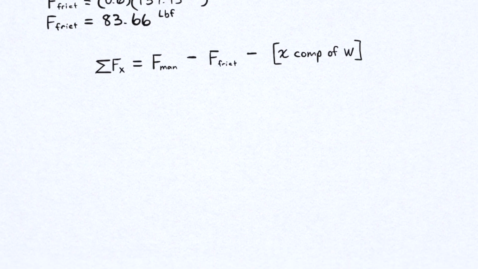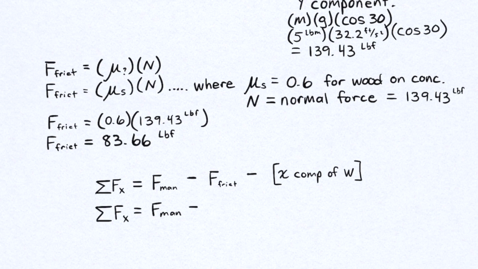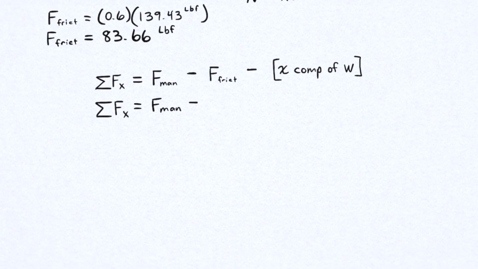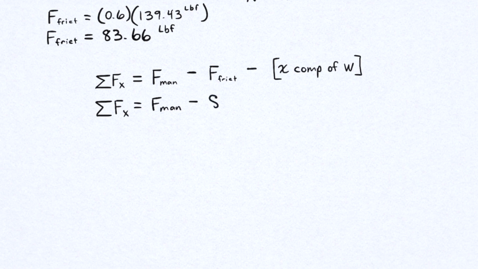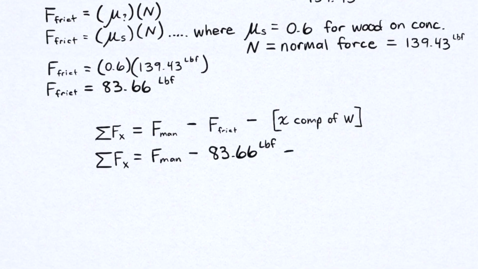So I'm just going to start plugging in the numbers here. Summation force x equals F man minus the friction force, which we determined to be 83.66 pounds of force, and then minus the x component of W, which is weight, caused by gravity.